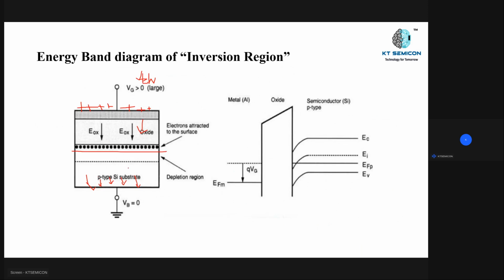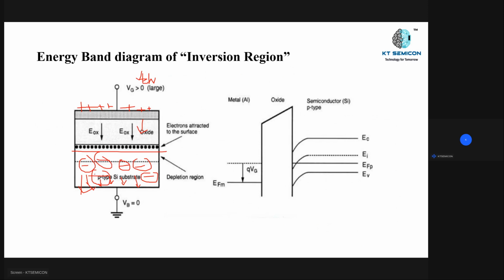Now we are increasing the voltage, so all the holes present in the p substrate go deeper into the substrate and leave negative ions. Now my complete substrate is filled with negative ions, whereas before it was only a small layer.